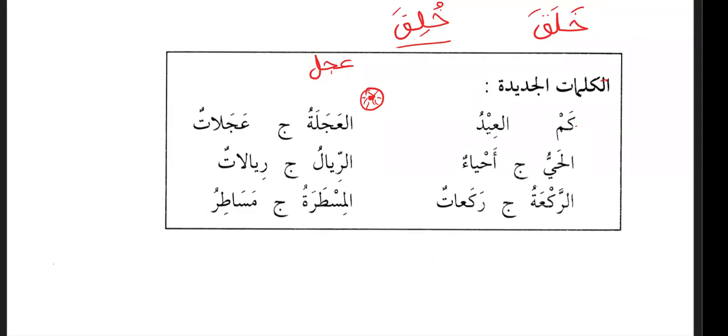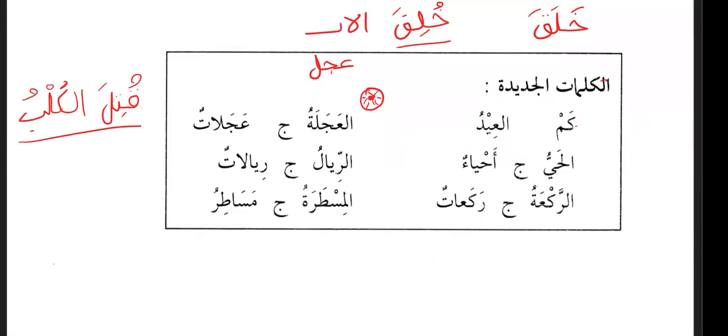Like remember when we said, for example, قتل الكلب. What does it mean? Somebody killed a dog. Yeah, so it just literally means the dog was killed. So Allah says خُلِقَ الْإِنسَانُ. So what does خُلِقَ الْإِنسَانُ mean?